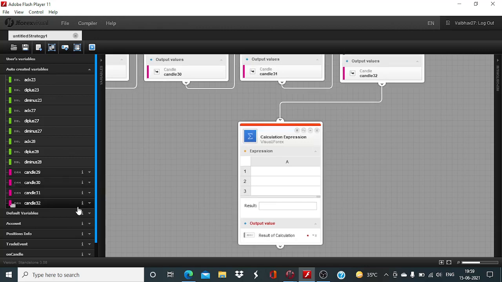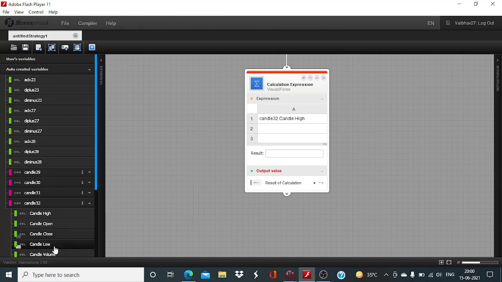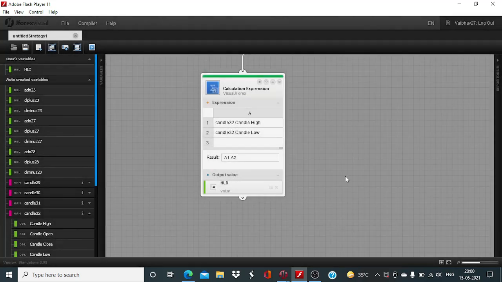We need candle 32, candle high, and candle 32, candle low. A1 minus A2. Okay. And whatever is the difference, this will be helping us in defining the stop loss and target price later on when we will take the trade command block. Right now we will simply calculate its difference. So high, low difference, that's it.